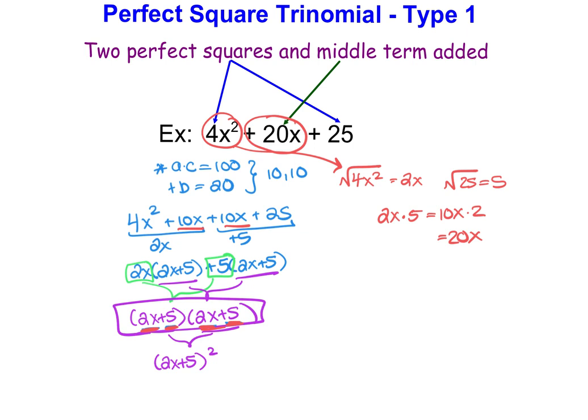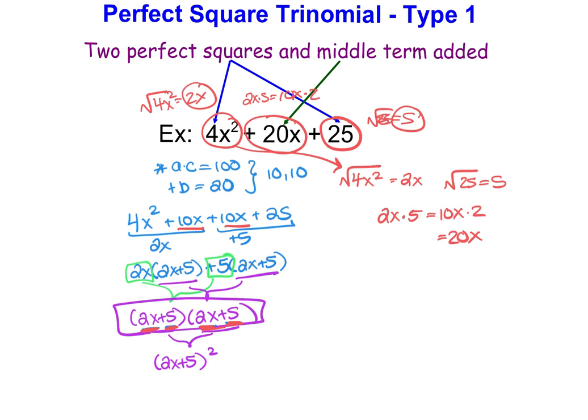So in order to determine if we have a perfect square trinomial, we're first going to see if a and c can be perfectly square rooted. If they can be, we're going to square root them. Then we're going to test whether the middle term meets the requirements for a perfect square trinomial, which in this case means we take the 2x and the 5 and multiply those together, and then we double that.